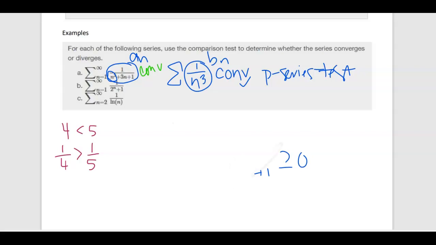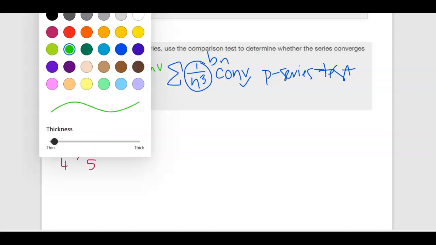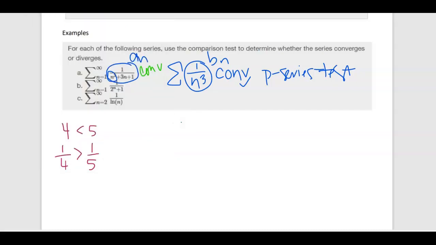Now again, I'm going to look at b as essentially a parent series, if you will. I don't think it's really called that, but that's what I call it. When I'm looking at this, I'm thinking about 1 over 2 to the n. So what is the series 1 over 2 to the n, or 1/2 to the n?